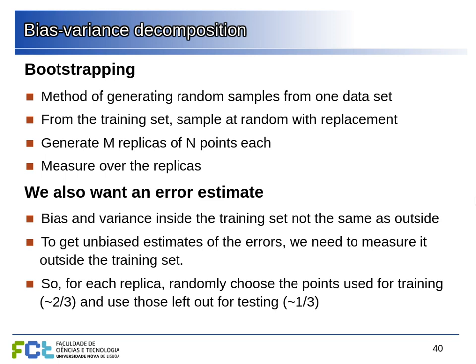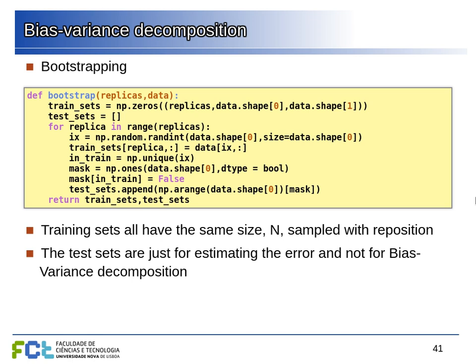So basically, we use the ones that are inside each replica to train the hypothesis, and we use the ones that are outside to measure what we need to measure for all those points. So this is an example of code to generate the replicas. It's not very optimized, but the idea is just to show you in detail what we're doing.